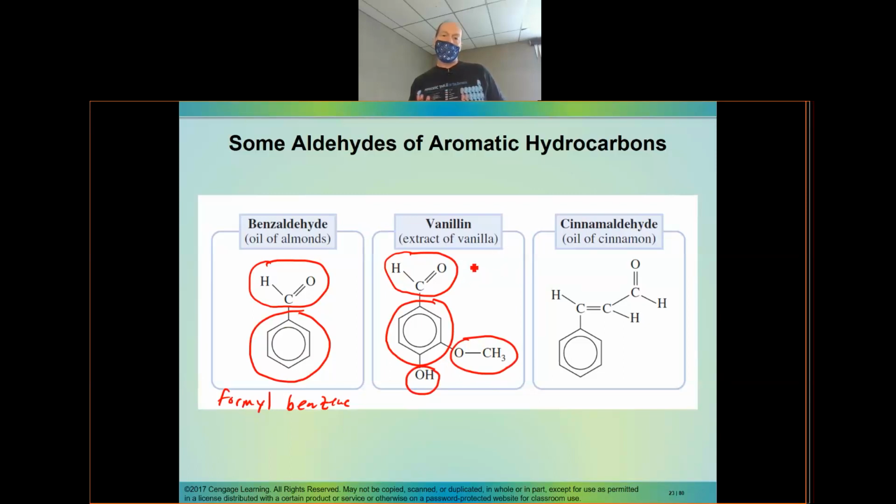So this is your aldehyde. Here is your aromatic. Just leave it as aromatic hydrocarbon, but aromatic. Here is your ether, and here's your alcohol. All right, here's your aromatic hydrocarbon. Here is your aldehyde.